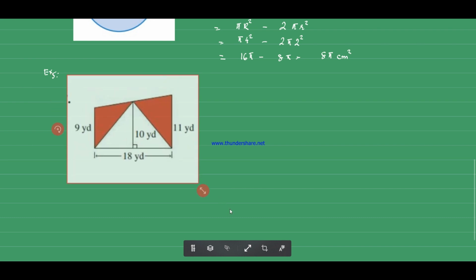Okay, this one. This one again, I'm just going to go ahead and find the area of the shaded region. We cannot find the perimeter because you see that we don't have the information over here for this one.